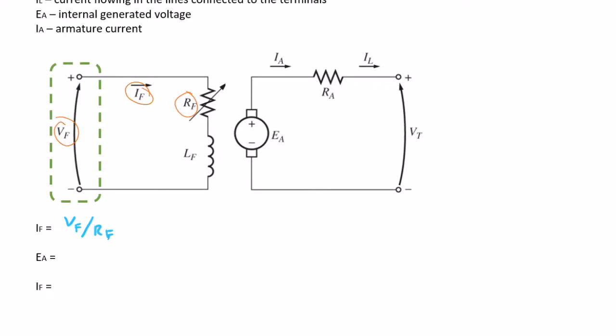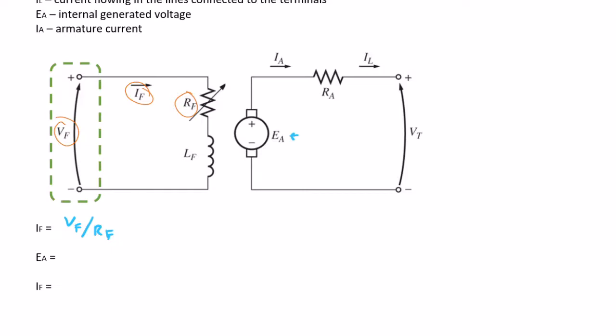Next we've got the internal generated voltage EA, which is on the armature circuit part of the equivalent circuit. We are going to use KVL, Kirchhoff's voltage law.